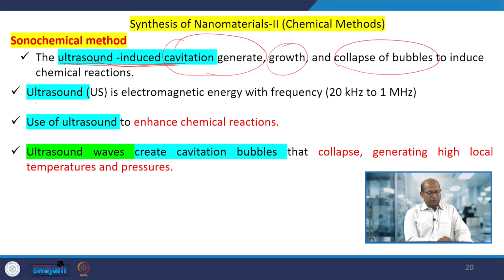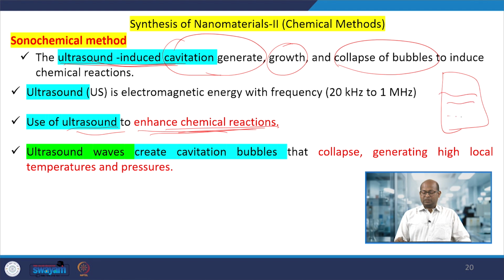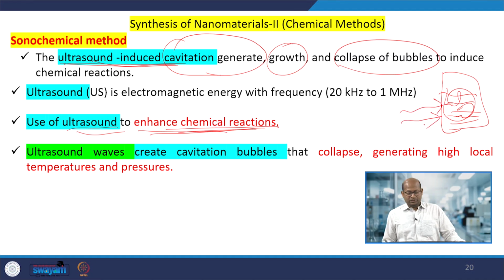When we use ultrasound, that enhances the chemical reactions. In a particular vessel we can take the precursors and solvents, forming a homogeneous solution. Here we can apply ultrasound irradiation. Then bubble formation would occur in the solution over a very short period of time; cavitation forms, bubbles form, and the bubbles collapse within a very short period of time.